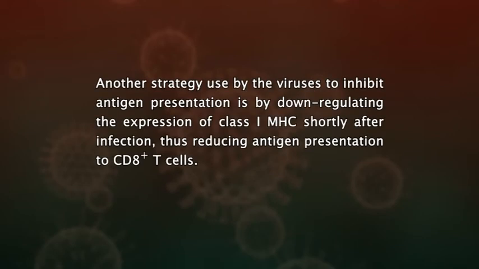Another strategy used by viruses to inhibit antigen presentation is by downregulating the expression of class I MHC shortly after infection, thus reducing antigen presentation to CD8 positive T cells.